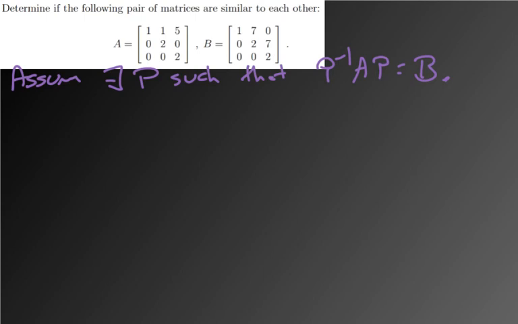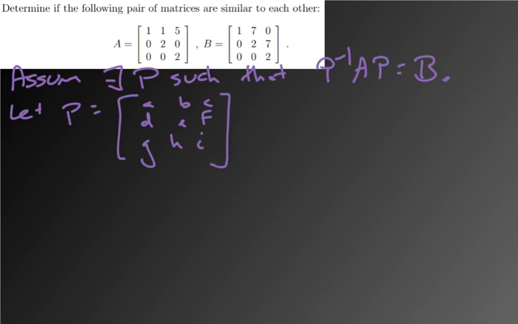And I'm going to let P equal an arbitrary matrix with entries A, B, C, D, E, F, G, H, I. If P inverse AP equals B, note we should have that AP equals PB.